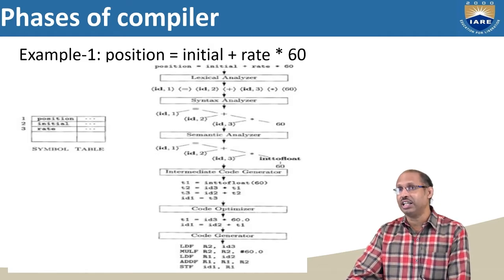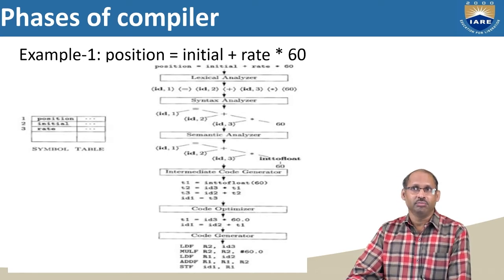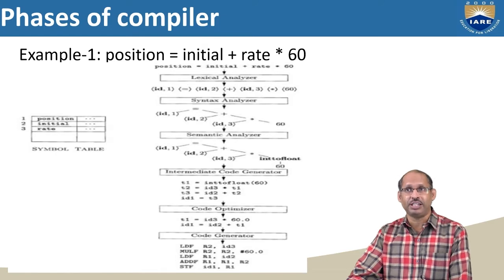What is the task of the lexical analyzer? It reads the source program character by character, constructs the lexemes, follows the pattern rules of the programming language and generates a sequence of tokens. Whenever it sees a variable lexeme, it stores its information in the symbol table.